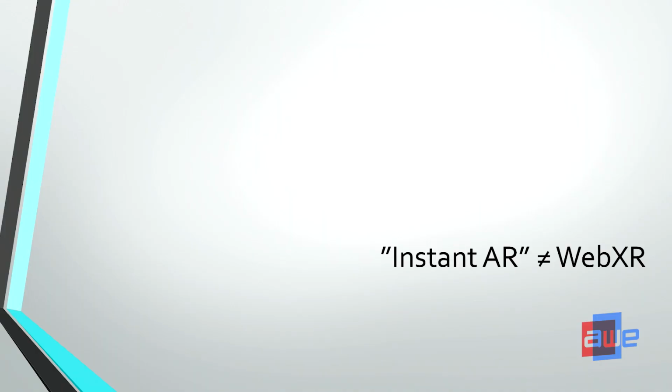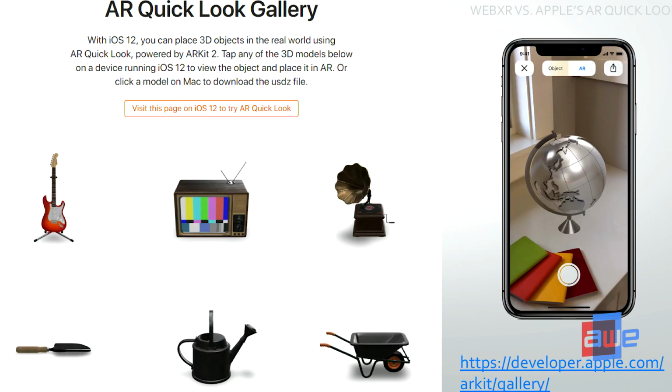Now, I promised I would get back to Apple's newly added AR Quicklook feature. And I also want to mention a few other instant AR solutions that can be triggered from the browser. Now, the AR Quicklook feature allows websites to let users place a 3D model in AR directly in Safari on iPhones and iPads.